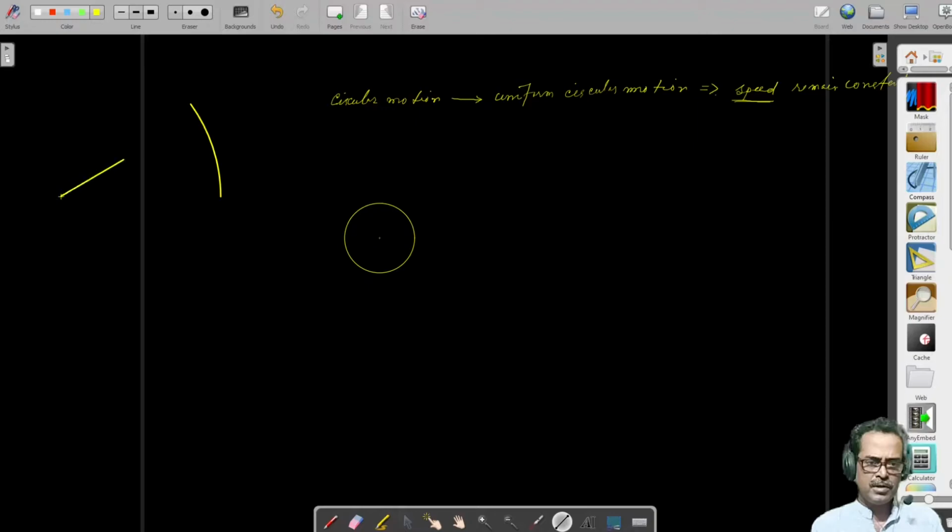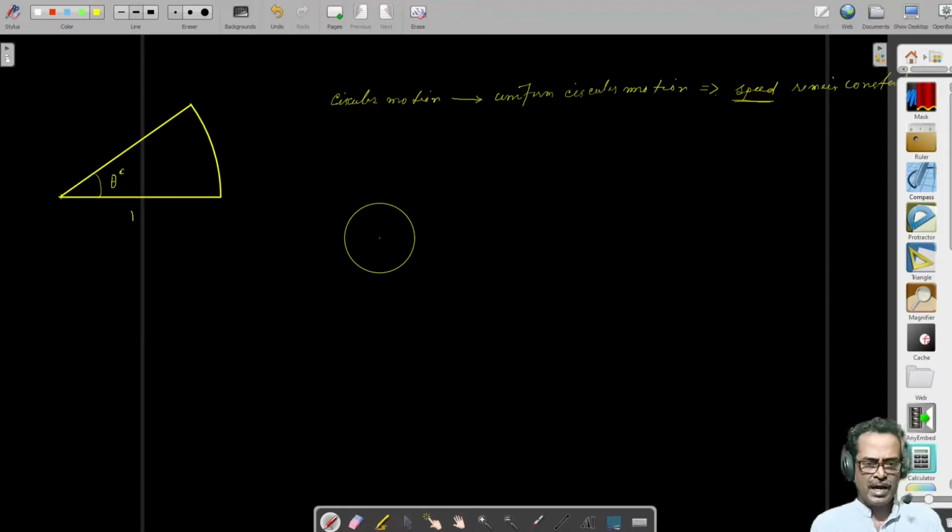Suppose the center and the radius, and it makes theta radian, that is circular measure, at the center.